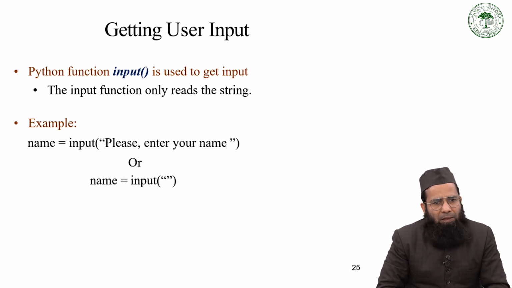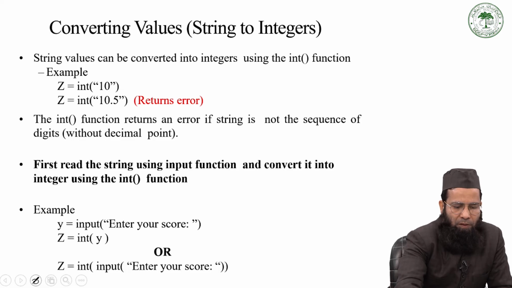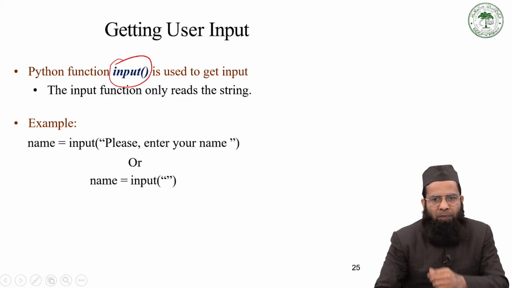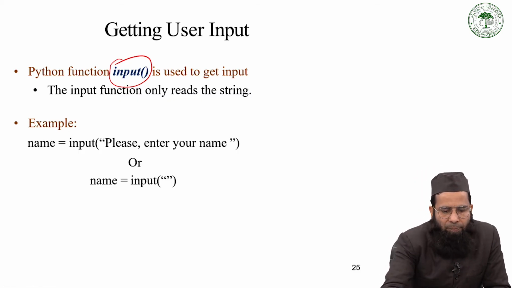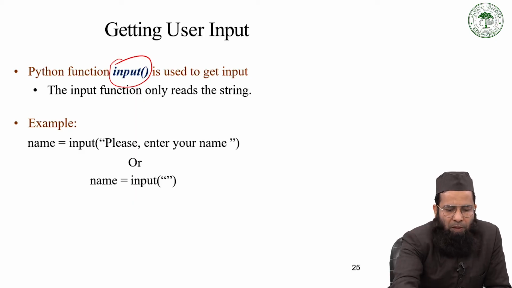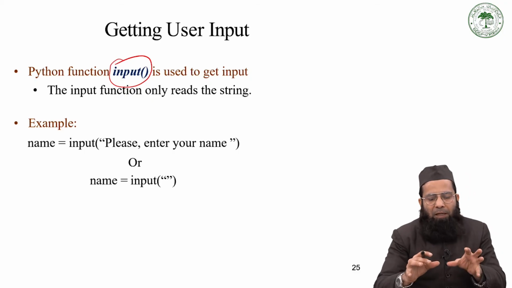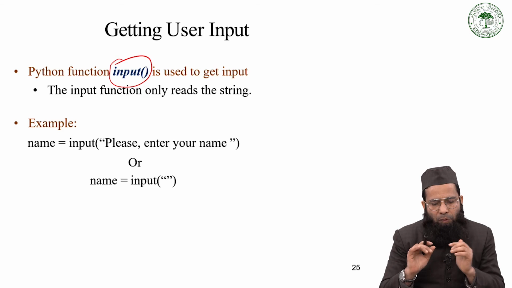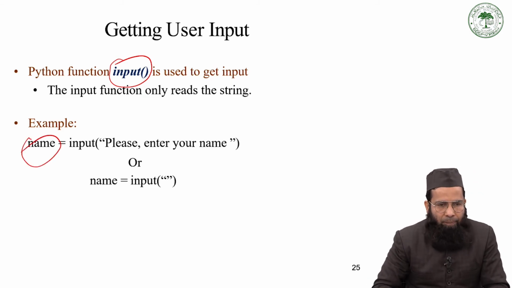To get the input from the user, the function is input, and that input function is this one. Just let me open. So this is the input function, right? In this manner you can take the input from the user. Name is equal to input, please enter your name. So a statement will be displayed, that is please enter your name, and once you provide the name, that will be stored in this variable, that is name.